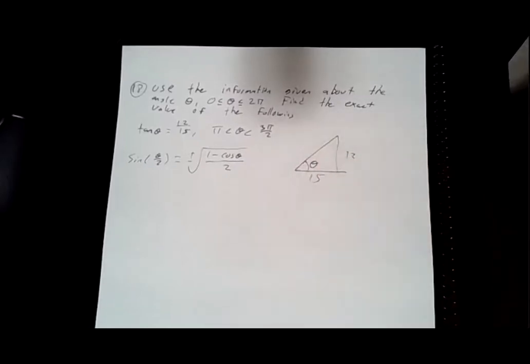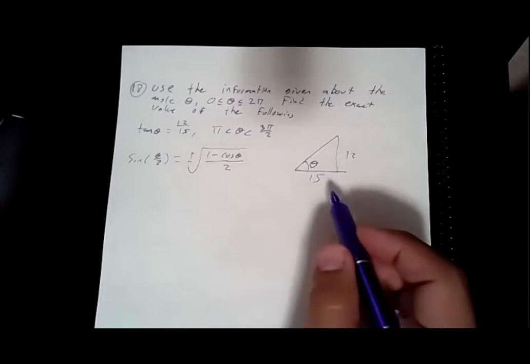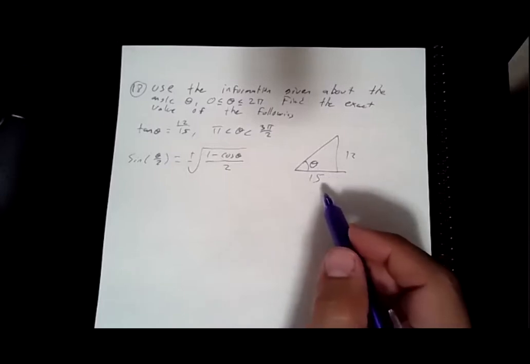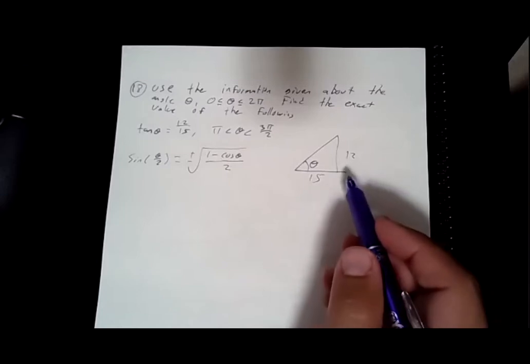So C will be, what, 13? Let's check. No. 15, oops, I messed that up. 15 squared plus 12 squared, to the square rooted.